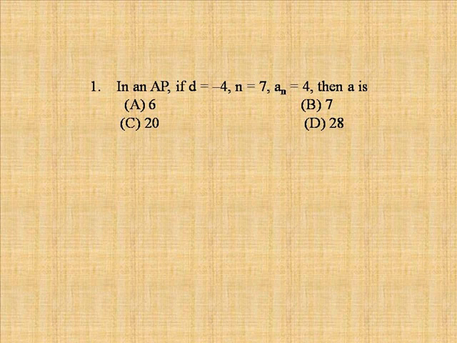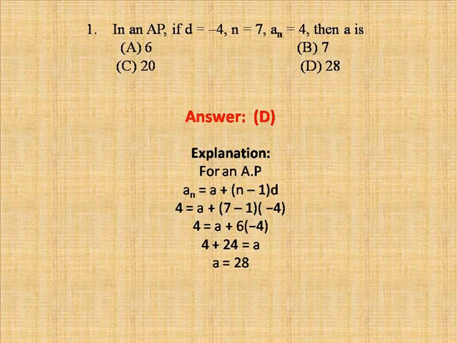Question number 1. In an AP, if d equals minus 4, n equals 7, an equals 4, then a is. And you have 4 options. See the answer. Answer is option D, that is 28. And you have the explanation there.